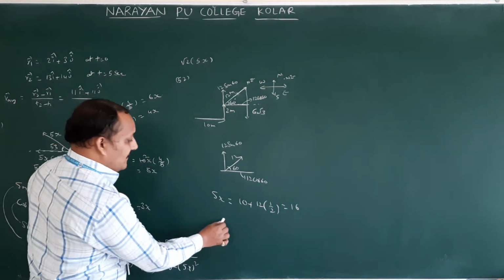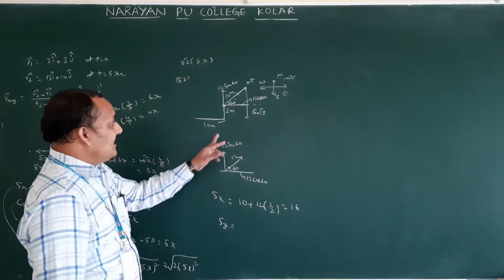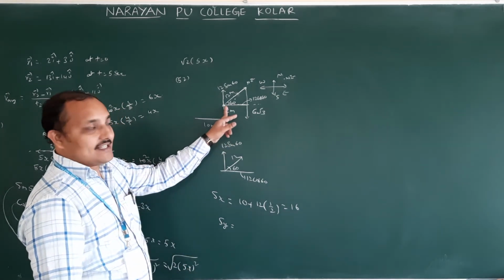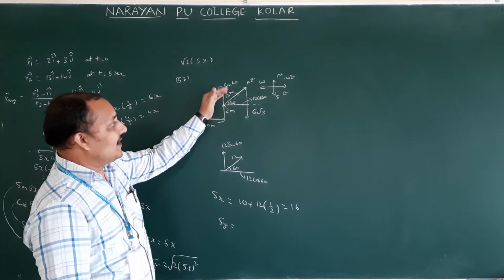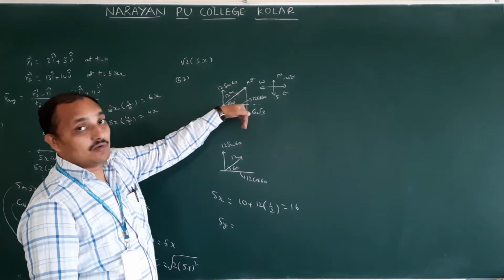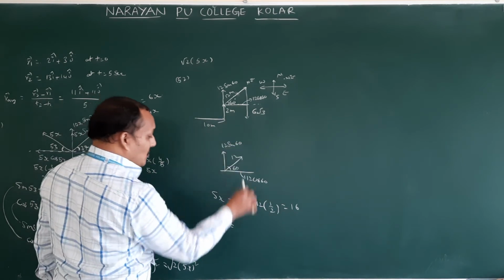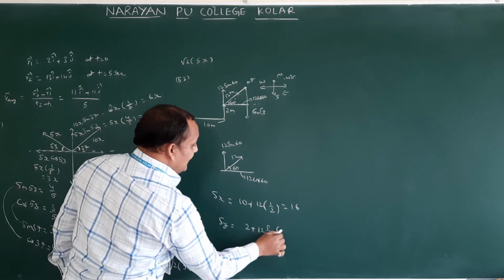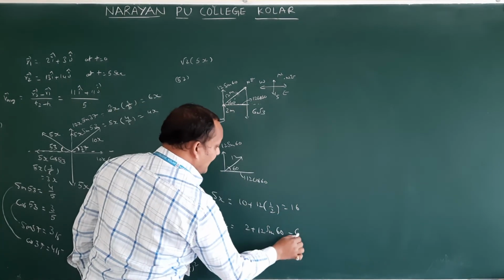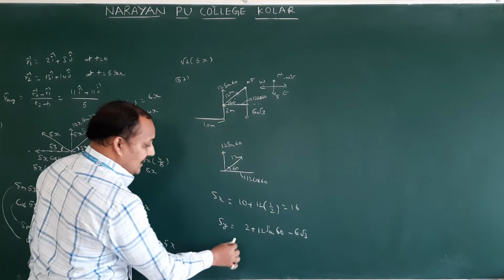Now Sy we will see. 2 meters is along Sy. Next 12 sin 60 is along Sy. Both are in upward direction, and this is in downward direction. Therefore 2 plus 12 sin 60 minus 6 root 3.